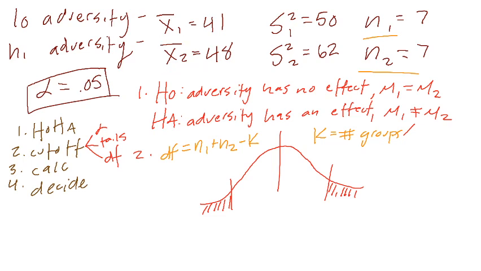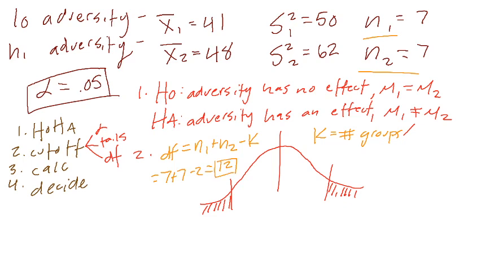This is evidenced by how many N's we have. So we're always going to have two groups for an independent samples t-test, but just keep K in mind for when we move into a further topic called ANOVAs, or analysis of variance. We use K in that calculation as well. So if we go ahead and get the degrees of freedom here, we have an N of 7 plus an N of 7 minus 2 gives us a degrees of freedom of 12, right?